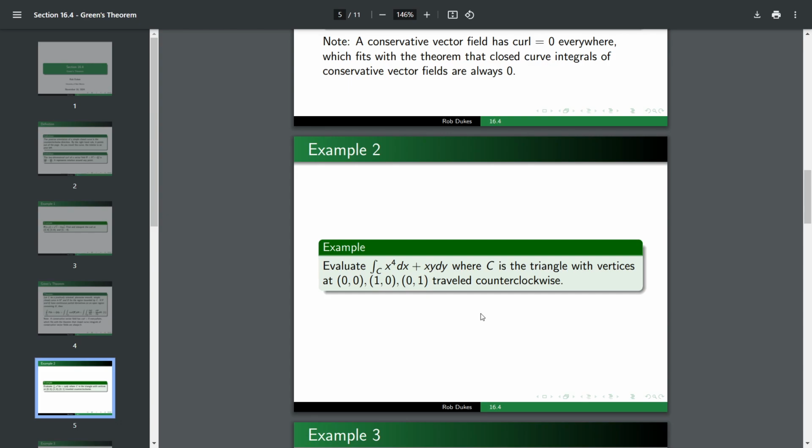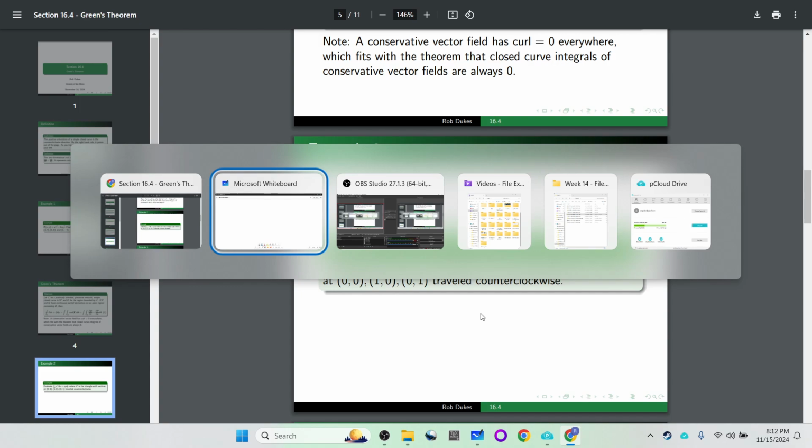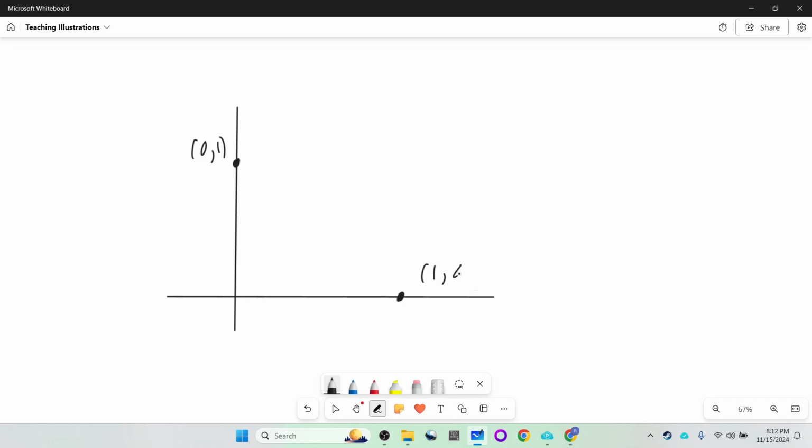So let's do an example here. Let's evaluate x to the fourth dx plus xy dy, where C is a triangle with vertices at 0, 0, 1, 0, 0, 1, travel counterclockwise. So let's do that. All right, here's 0, 1. Here's 1, 0.